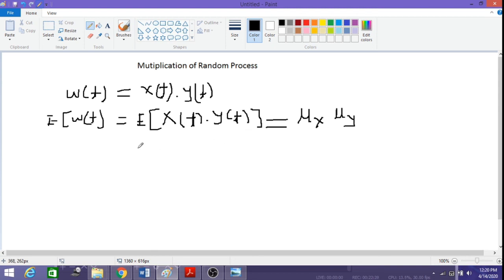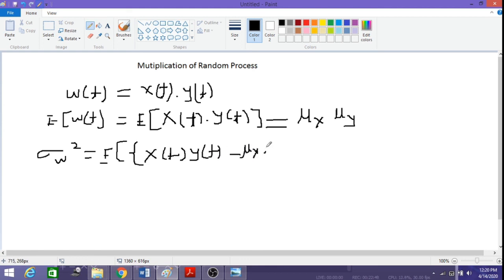Then if we take the variance, we will get sigma w square is equal to an expectation of x of t with y of t minus mu x mu y whole square.